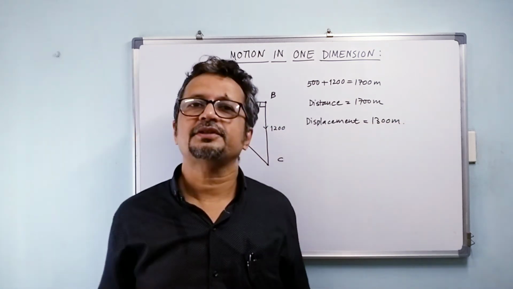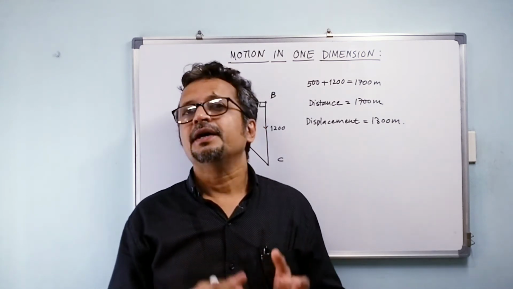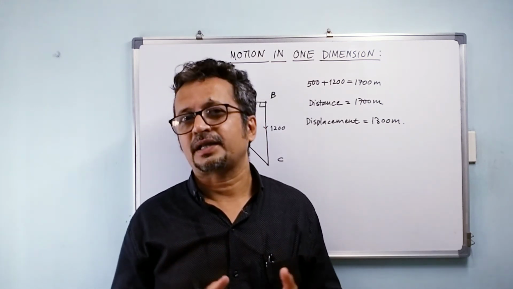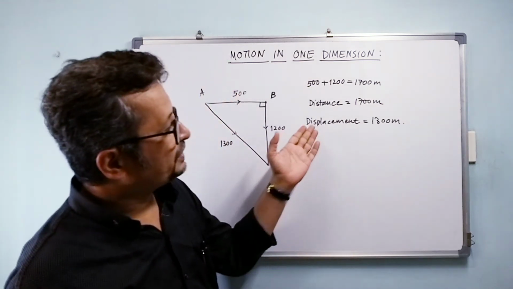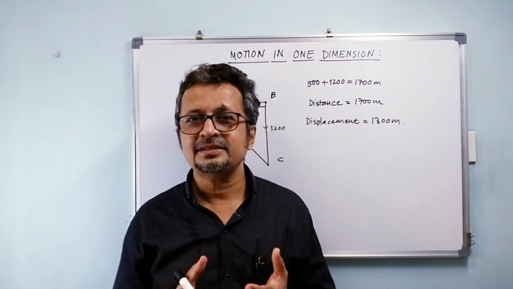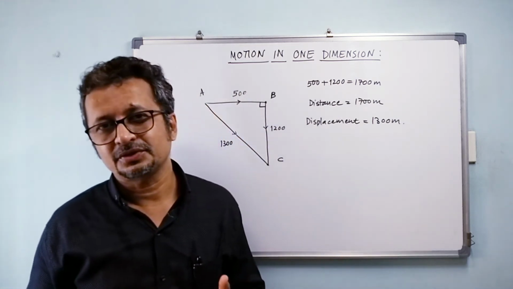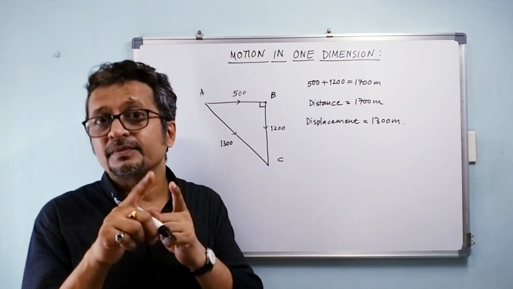Now what is this 1700 meter and 1300 meter? 1700 meter is the actual length of path followed. And what is my displacement then? Displacement is the shortest distance in a given direction. So that is how we define distance and displacement.